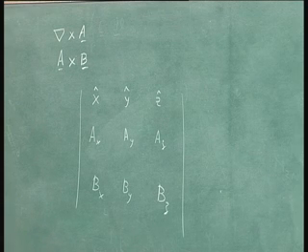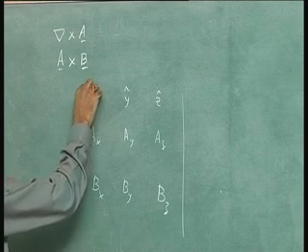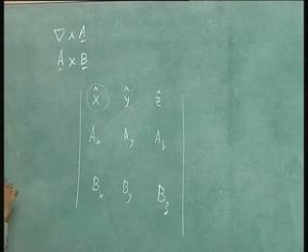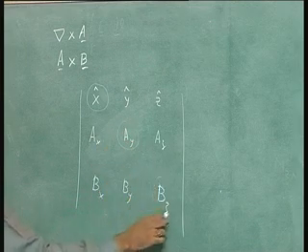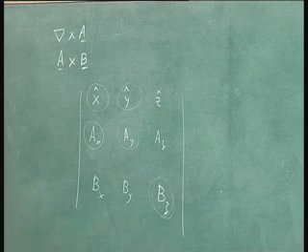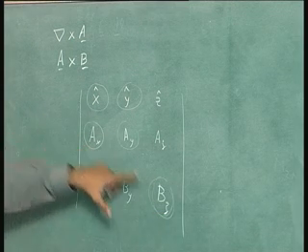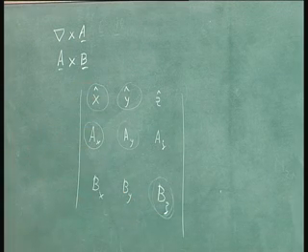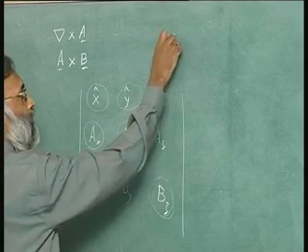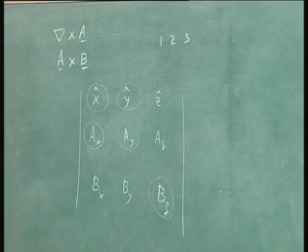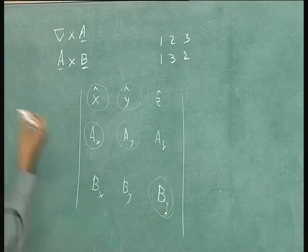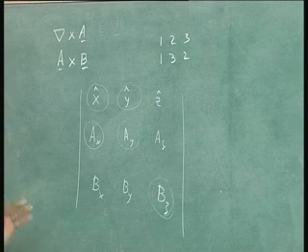It says take every possible combination of an element from the first row, from the second row, from the third row, such that you do not repeat the row and you do not repeat the column. And when you do that, make sure that you always go in the 1, 2, 3 direction. If you have to go in the 1, 3, 2 direction, that is, the other direction, then put a minus sign.